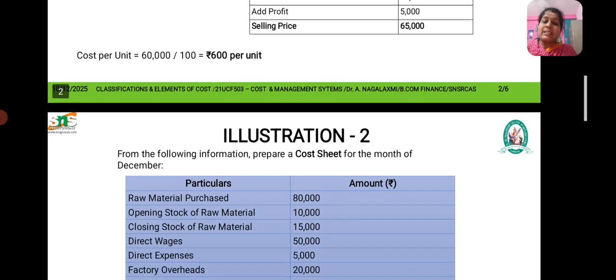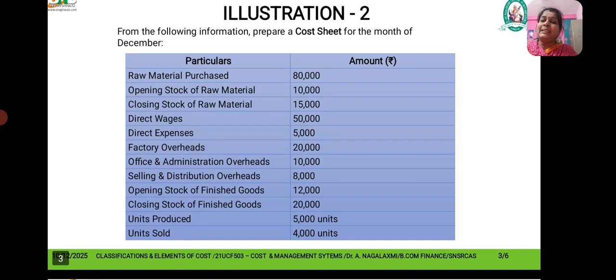Next we are going to see another sum regarding the cost sheet preparation. It's somewhat a big sum compared to the previous sum we saw. From the following information, prepare a cost sheet for the month of December. These are the expenses incurred in the month of December.